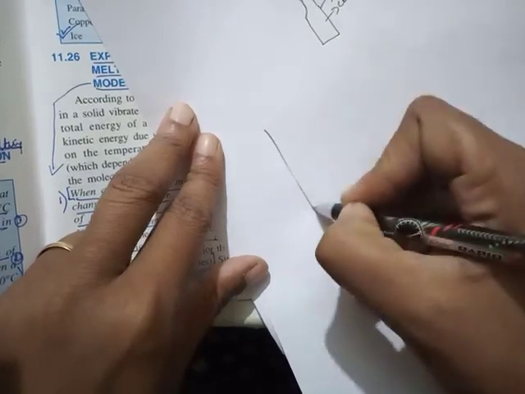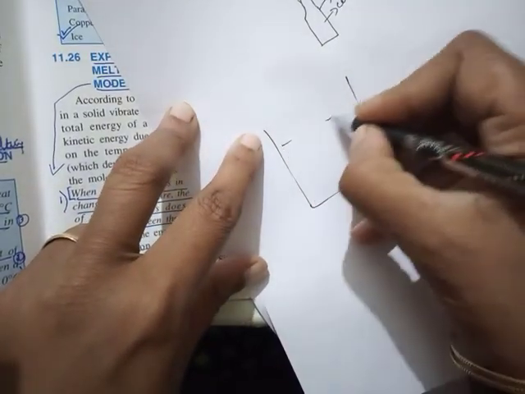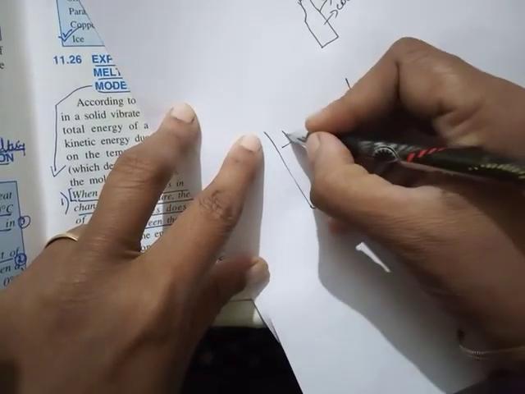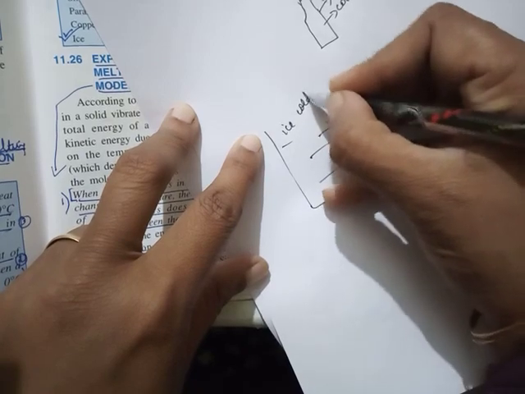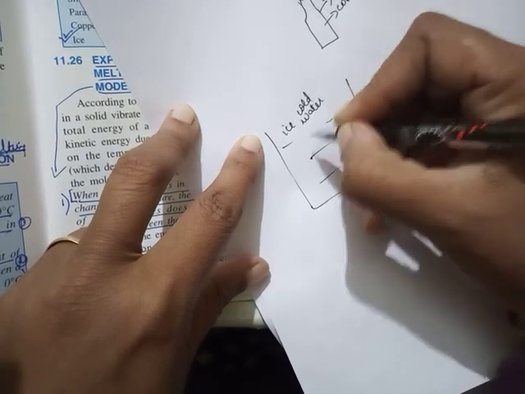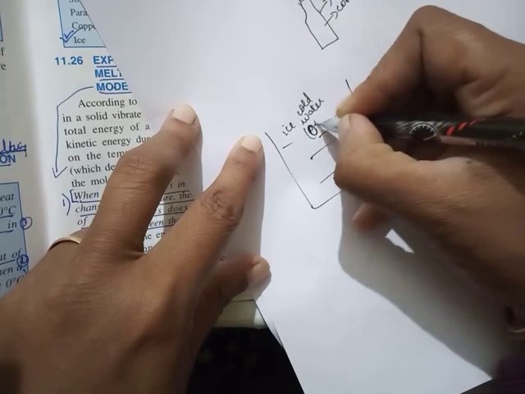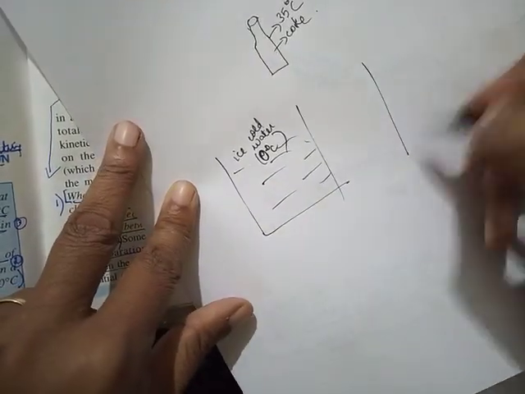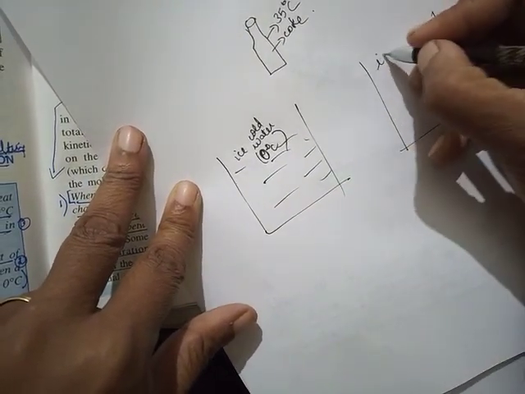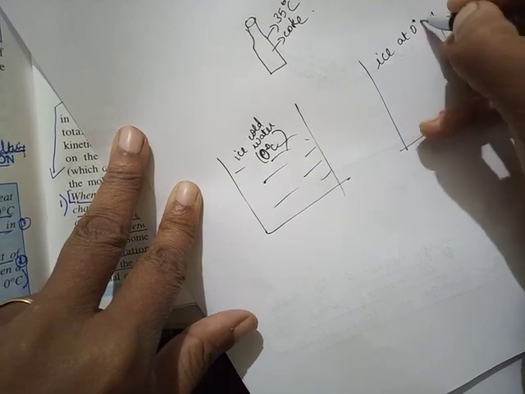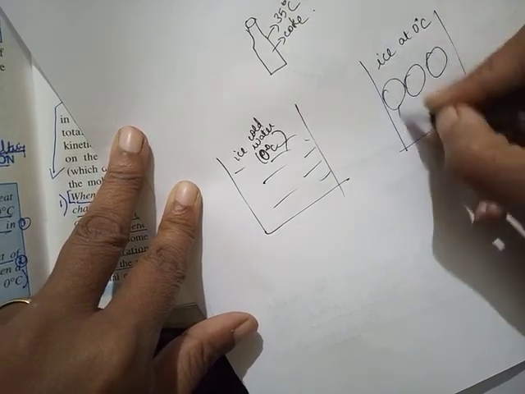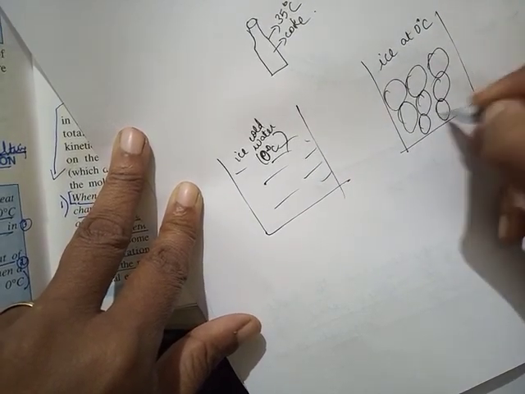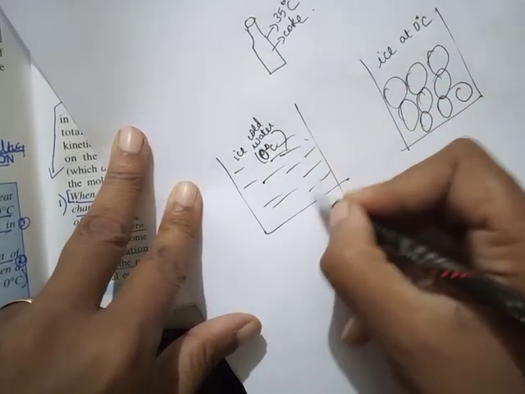You want to cool it quickly and you have two options. One is ice cold water, that is at 0 degrees Celsius. And the other one is ice at 0 degrees Celsius. So you have ice blocks at 0 degrees Celsius and another one ice cold water at 0 degrees Celsius.